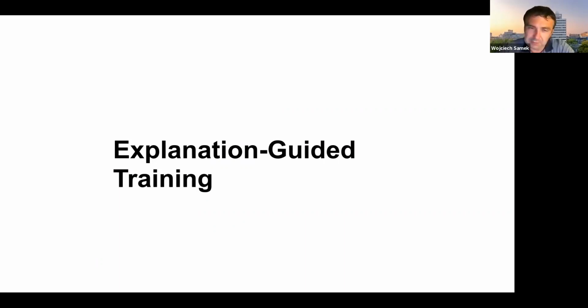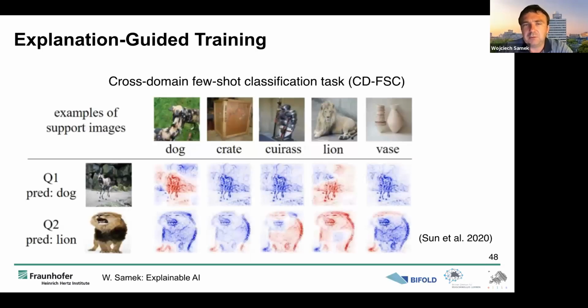And we have some other recent work where we directly integrate these explanations into training. This is a very specific task, cross-domain few-shot classification. So you have some query image, for example, an image of a dog, and then you have some example images of support.